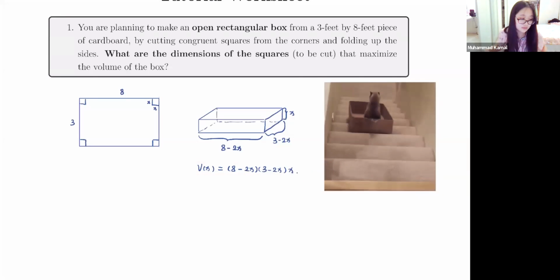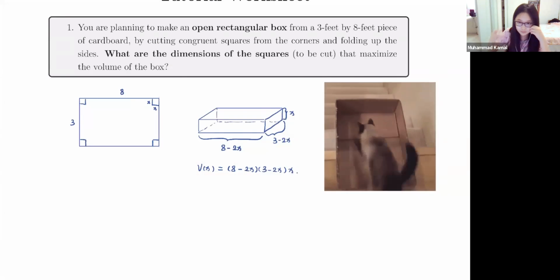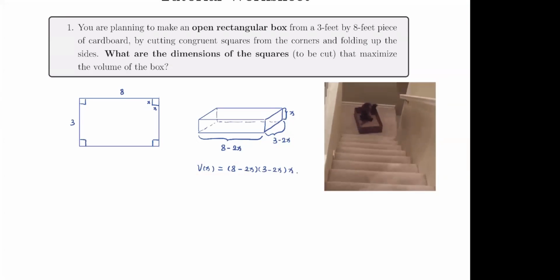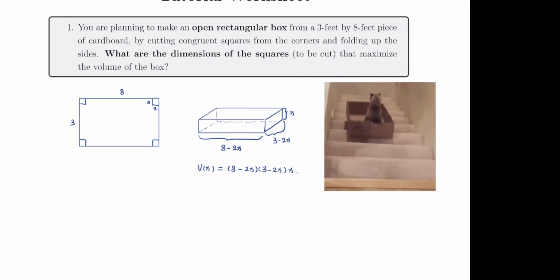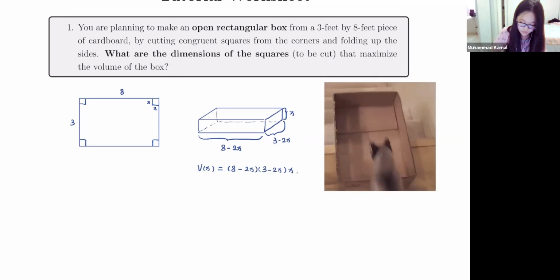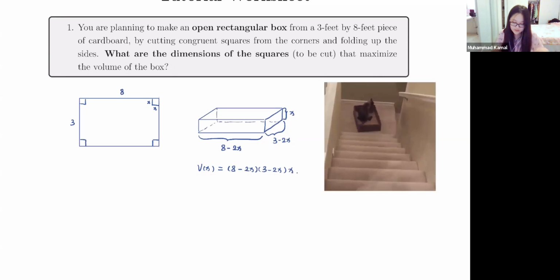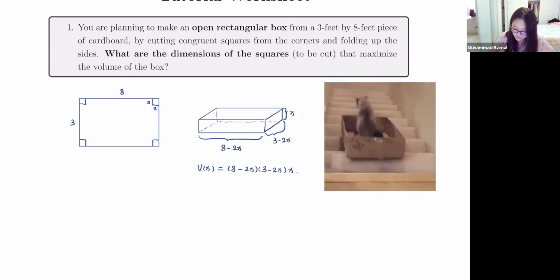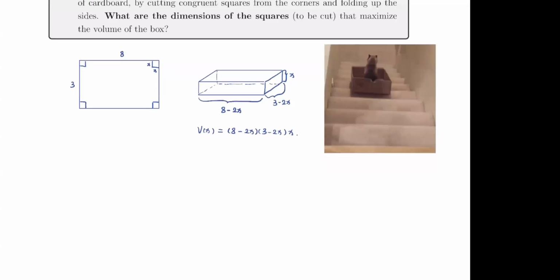What's our next step now? We expand it and then find the derivative. Well, yes, but before we do that, there is something you need to be careful with. You need to find the domain first, right? So what is the domain of this function?